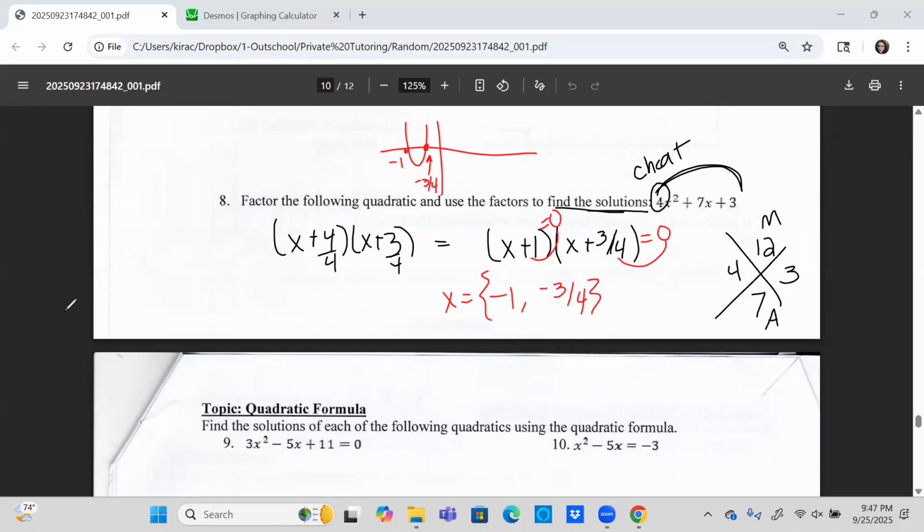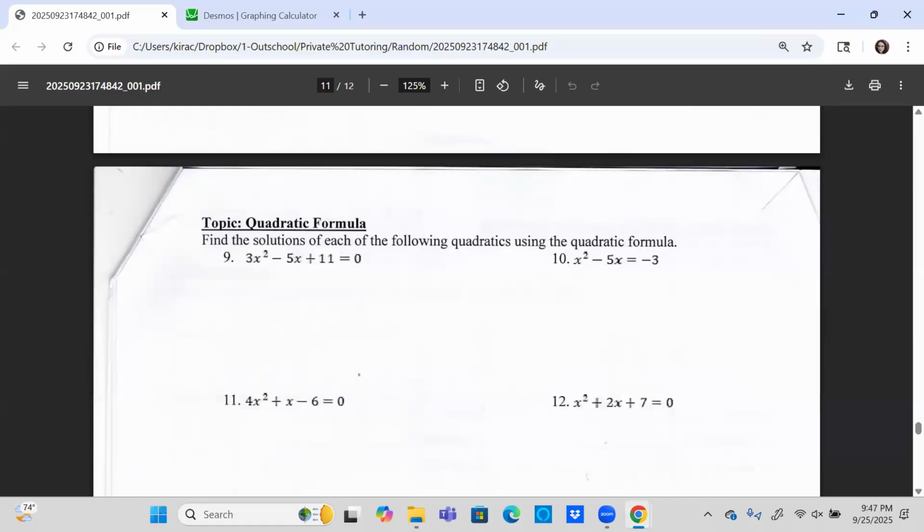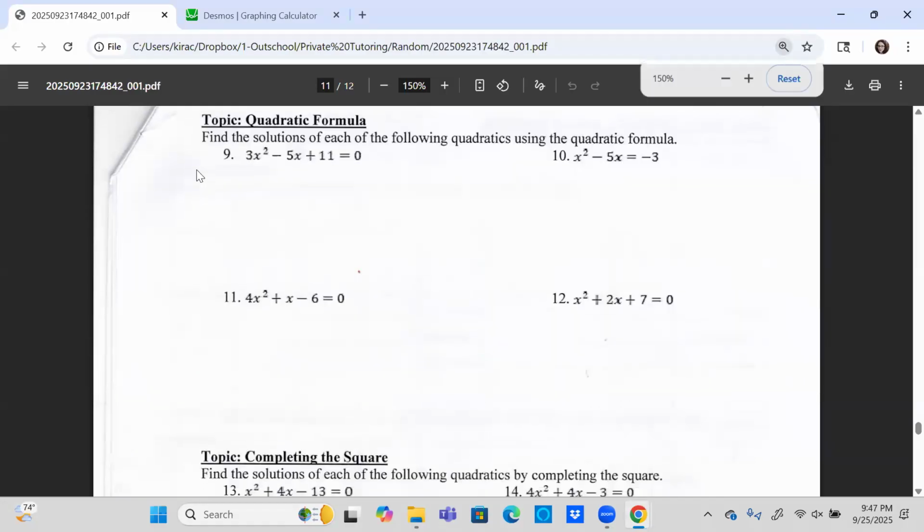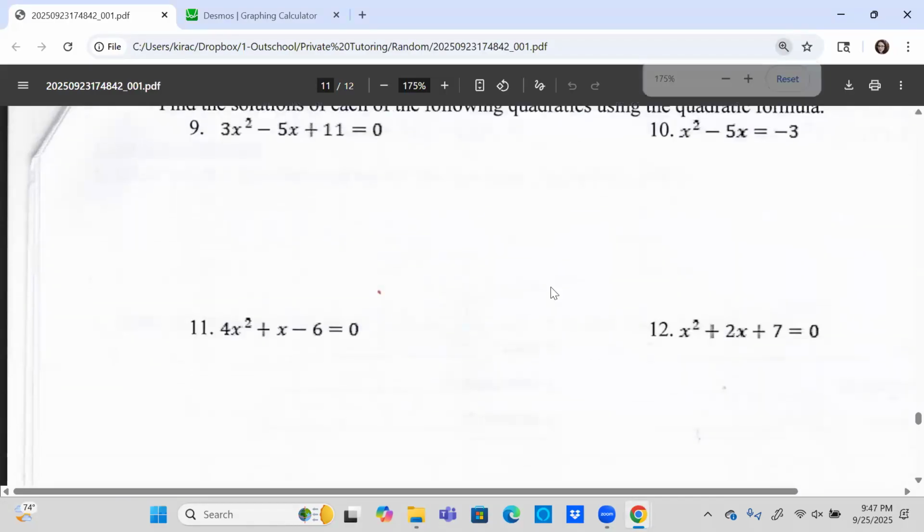Quadratic formula, we already did this one in the word problem. Oh my, okay. It does need to be set to 0. So 9, 11, and 12 are good. 10 we'll have to fix. A, B, C. Negative, I'm going to write it in the middle so I don't have to write it every time.